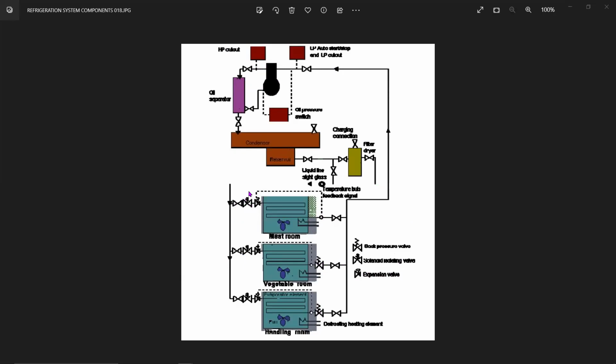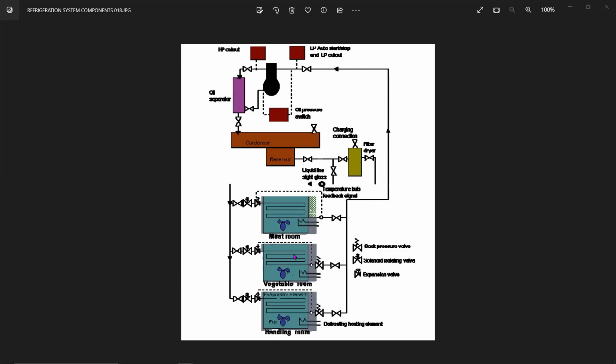So now only one room is operating. Suppose the entire flow is going out only to the meat room, and the back pressure valve was not there. As you said, reverse flow will happen. The main problem is that the pressure on this side will become less. At that time you're not going to LP cut out, but it will take more time to operate, meaning the shutdown of the system will not happen at that time, and the system will take more time to regulate the temperature.